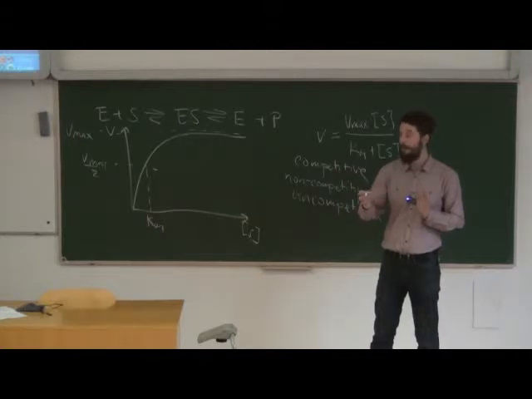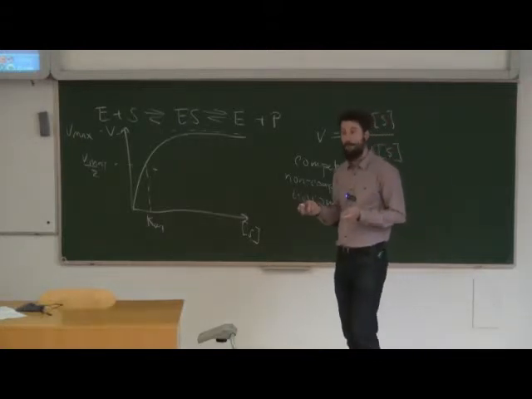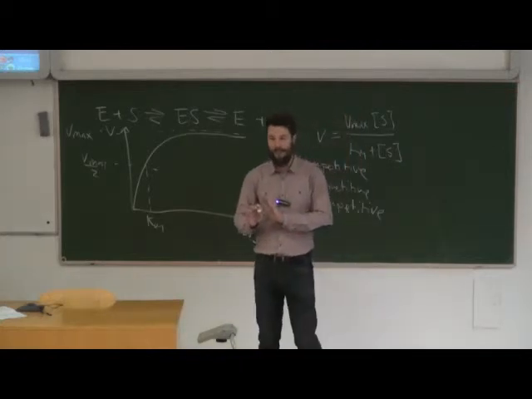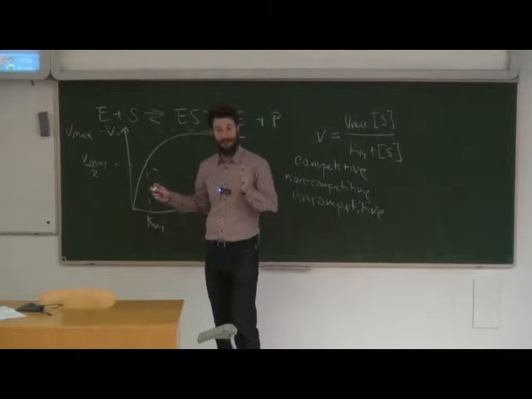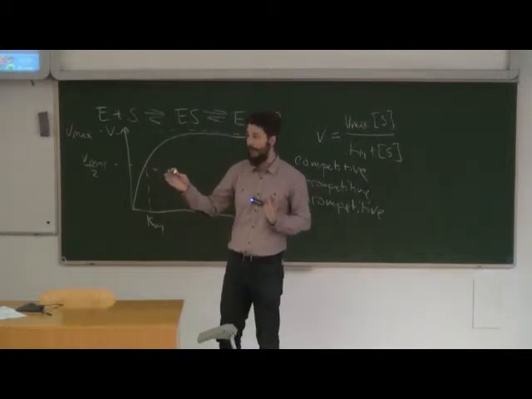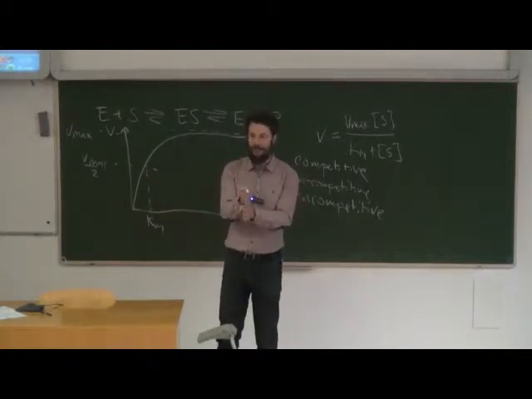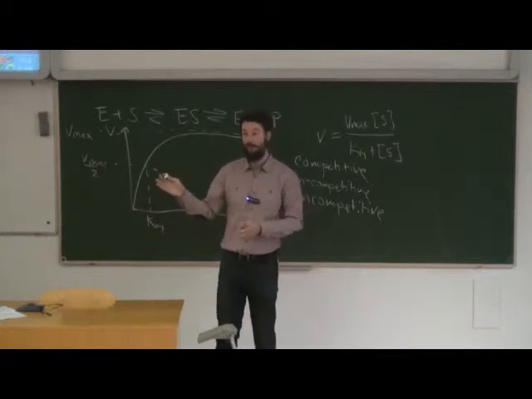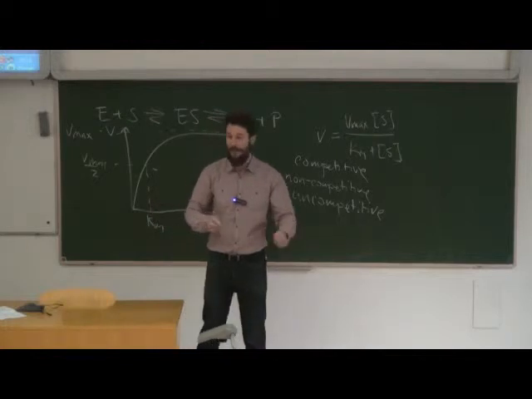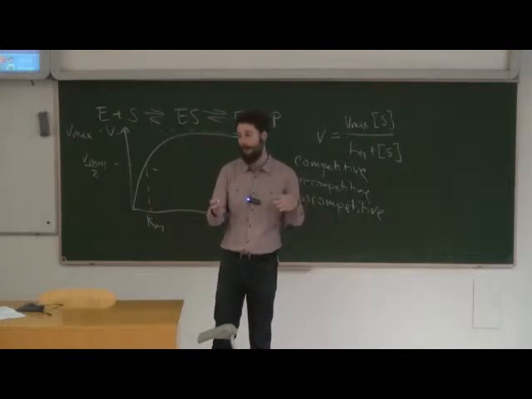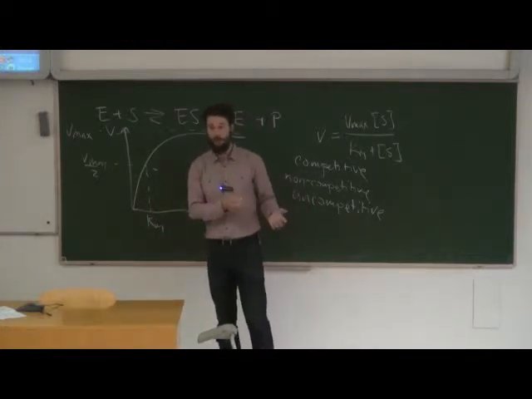Reversible and irreversible. Very good. We're not going to be talking about it until the very last part of the lecture, but I just want to say that this is a continuum. There's no way to basically distinguish between a reversible and an irreversible inhibitor. All the inhibitors bind to the enzyme and stay there for some amount of time. Some of them for a longer time, some of them for a shorter time.